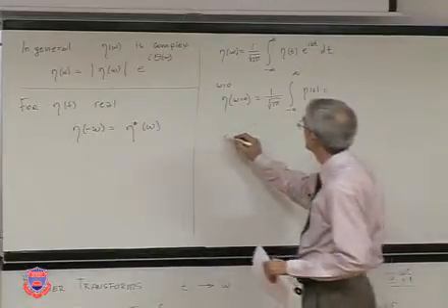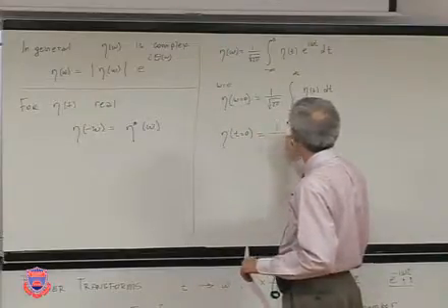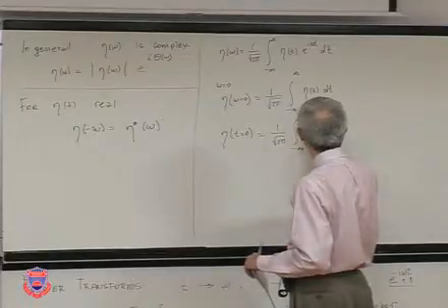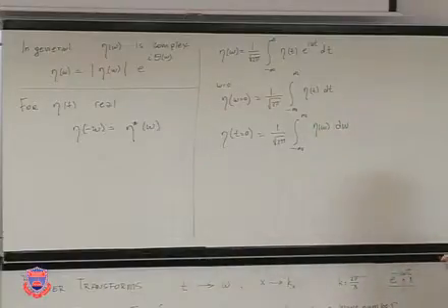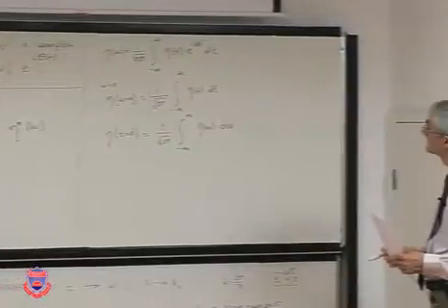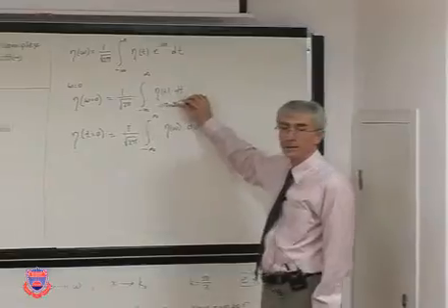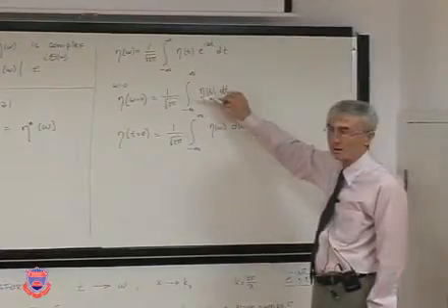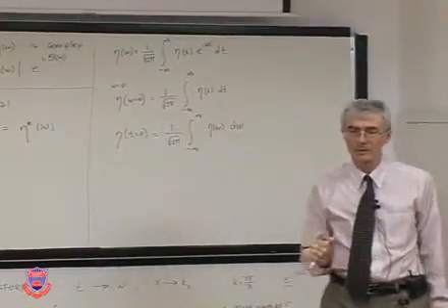Okay, similarly, take a look at these last two equations and see what they say to us. The integral of a function from minus infinity to plus infinity is equal to its DC value at zero frequency.